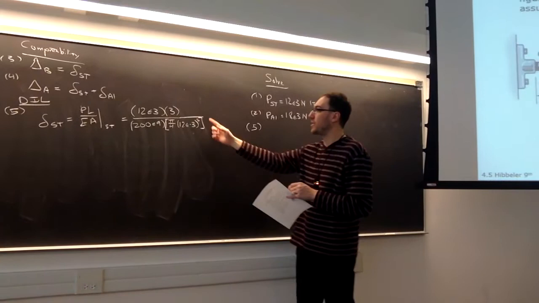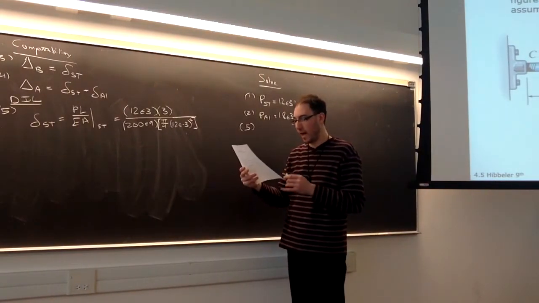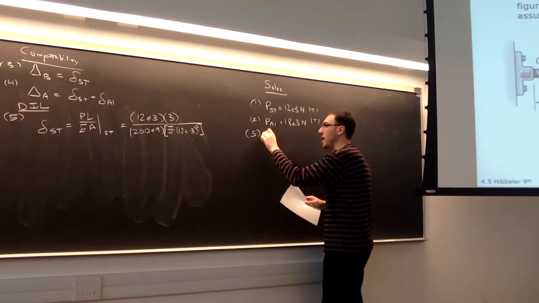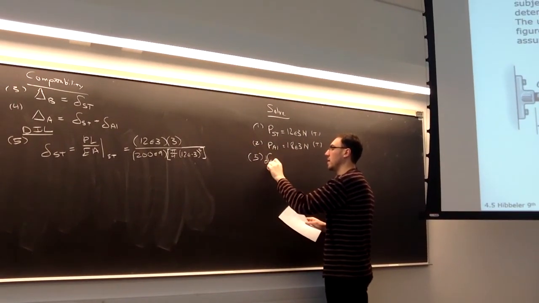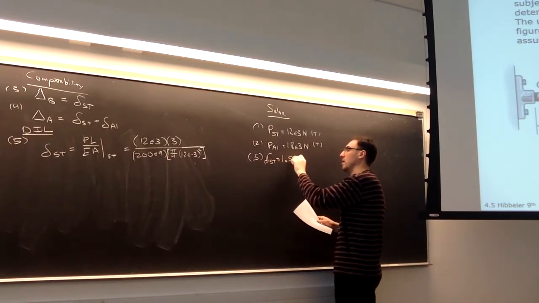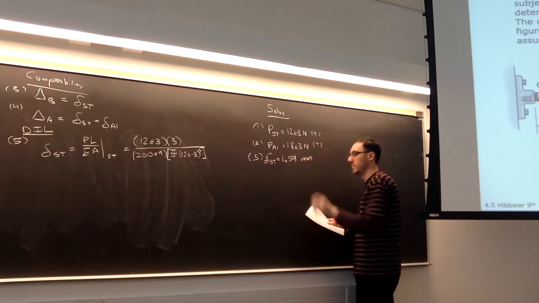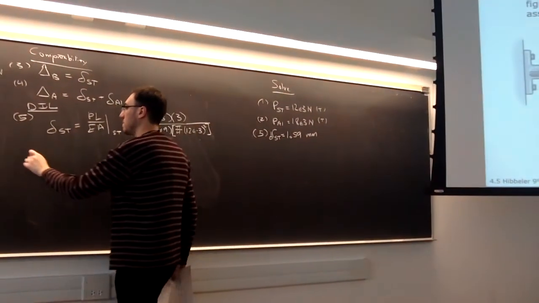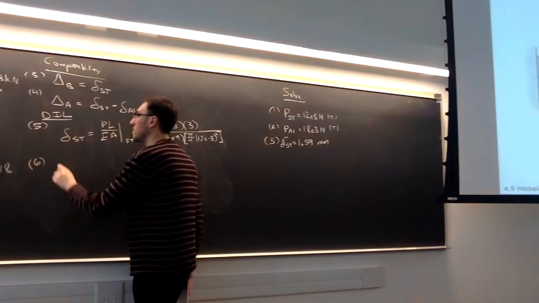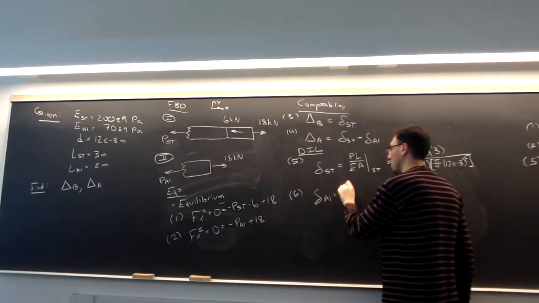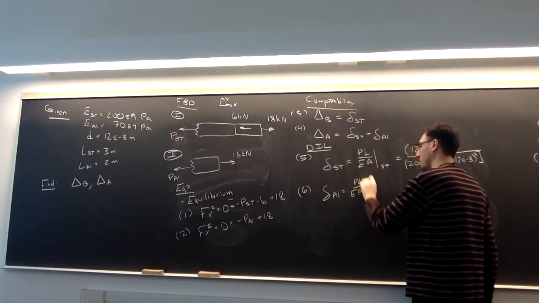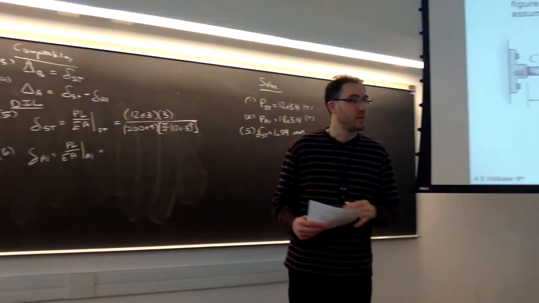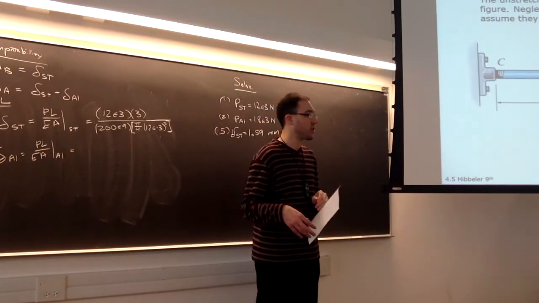In this step number 5, these are all numbers at this point, so we can find the deformation of the steel. That is going to be 1.59 millimeters. Then we want to relate the deformation of the aluminum to its internal loads.